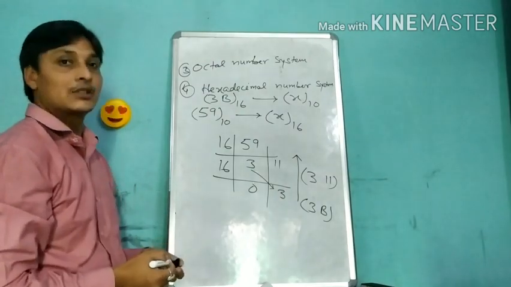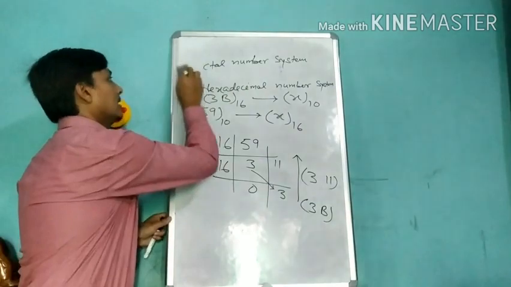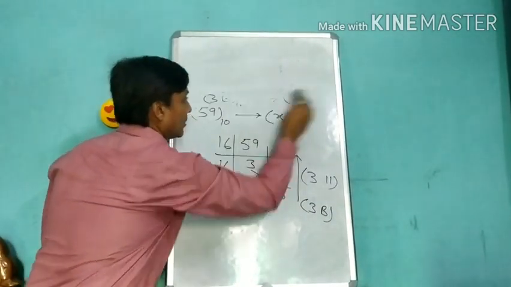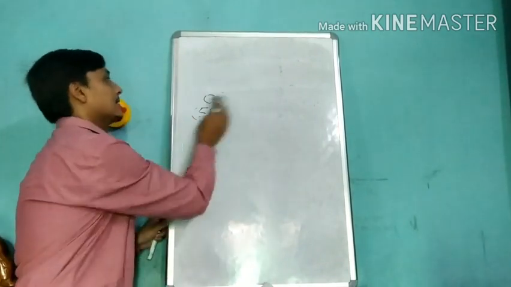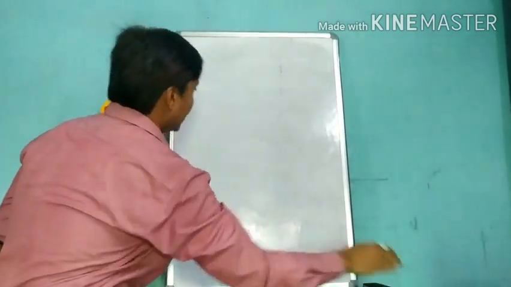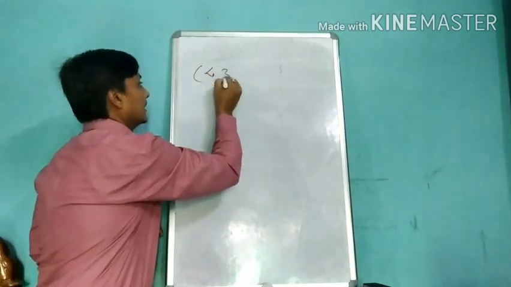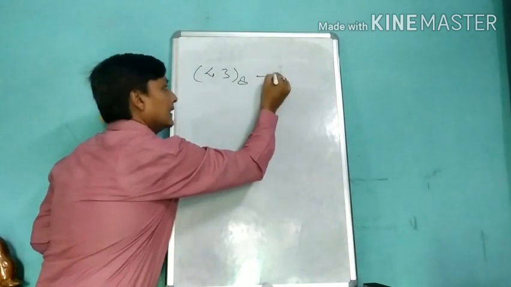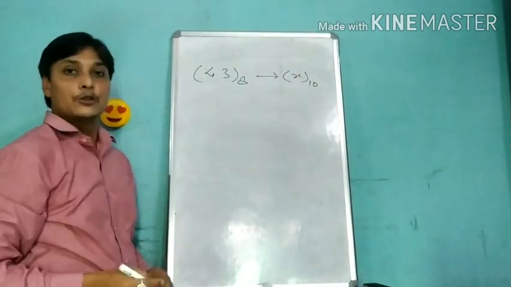Now I am going to give you some questions on octal to decimal and decimal to octal. I hope you will get all these things. If you have any confusion, kindly drop me a message. I will assign you more and more questions. So here you have to solve 43, and now you will know what you have to do.